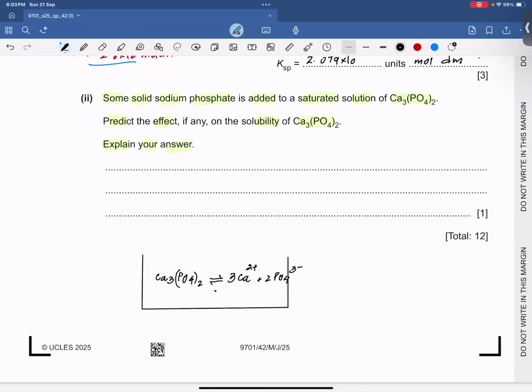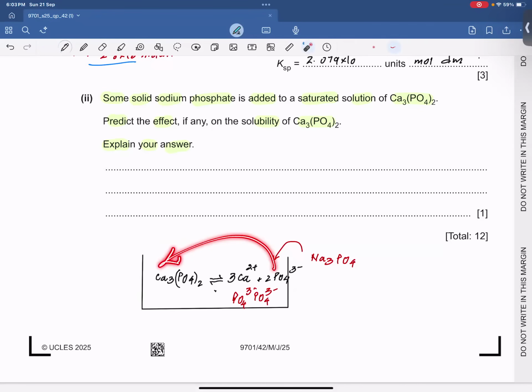All right. So when you add sodium phosphate, obviously the concentration of phosphate ion in the solution increases, and this favors the equilibrium towards the left hand side.